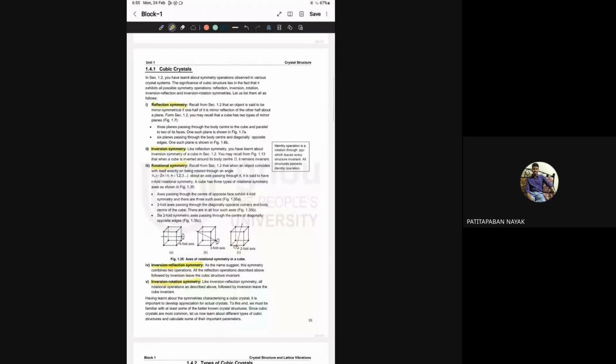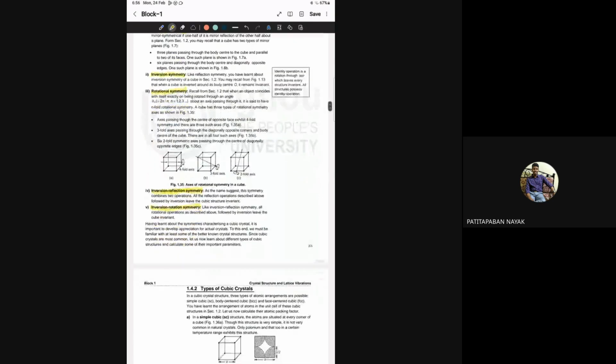But at this point, we just have to remember that a cubic crystal can have reflection symmetry, inversion symmetry, rotation symmetry, inversion reflection, and inversion rotation. That kind of symmetry operations are possible. All right.